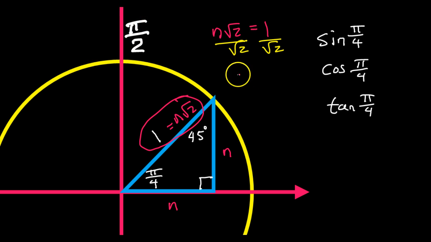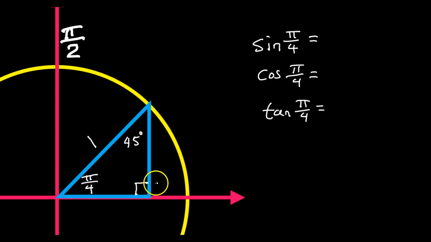That gives me that n is 1 over radical 2. Now, if you rationalize the denominator, that's the same thing as radical 2 over 2. I'm going to use the 1 over radical 2 version. So we just found that these two sides are both 1 over radical 2.